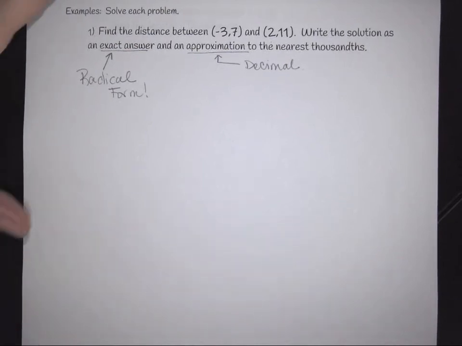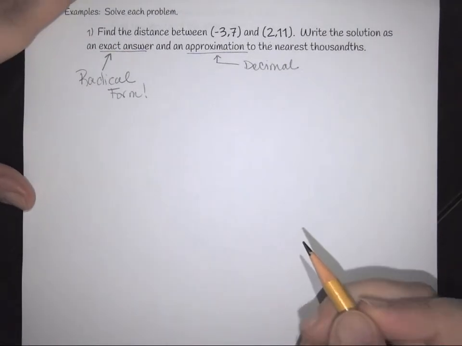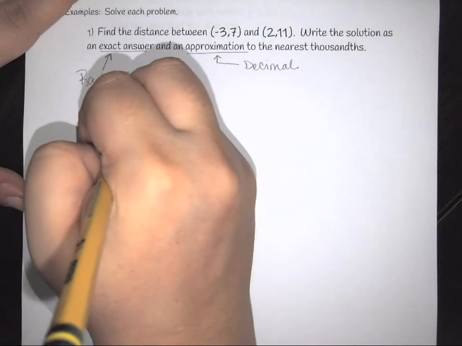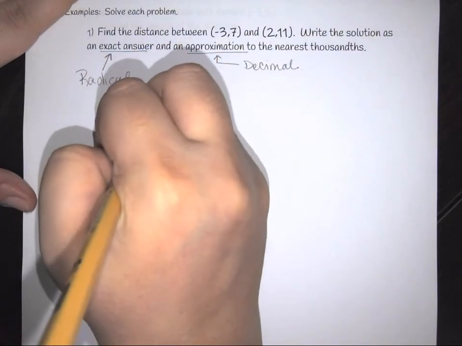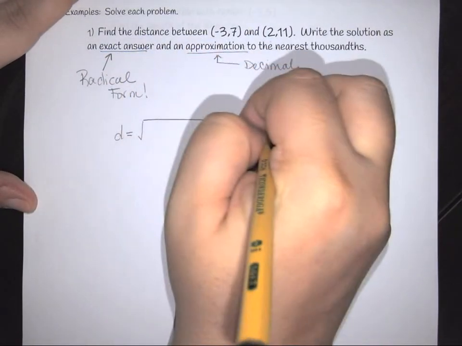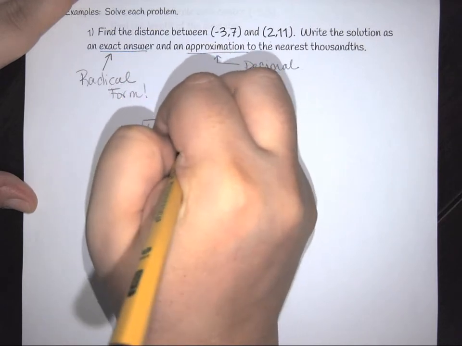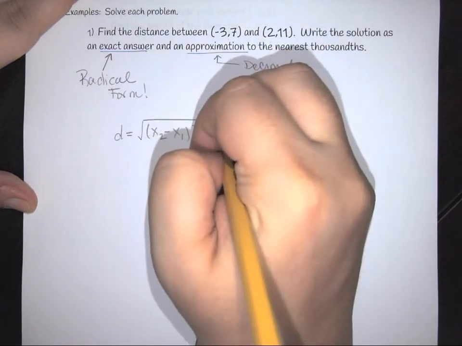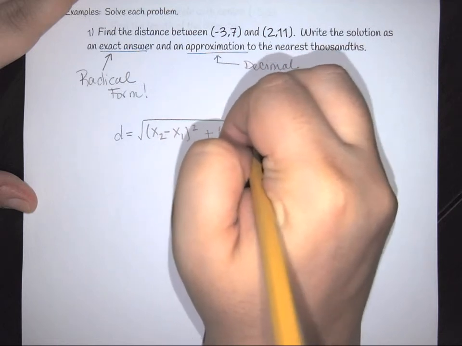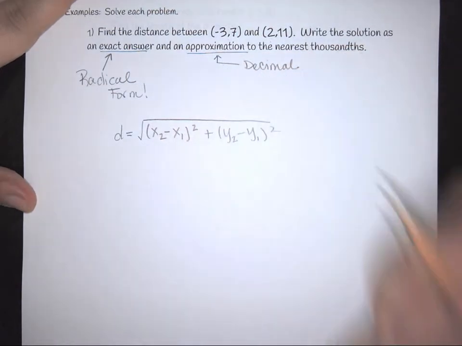So the first thing we have to do is remember that distance formula. So your distance is going to be the square root of (x2 minus x1) squared plus (y2 minus y1) squared.